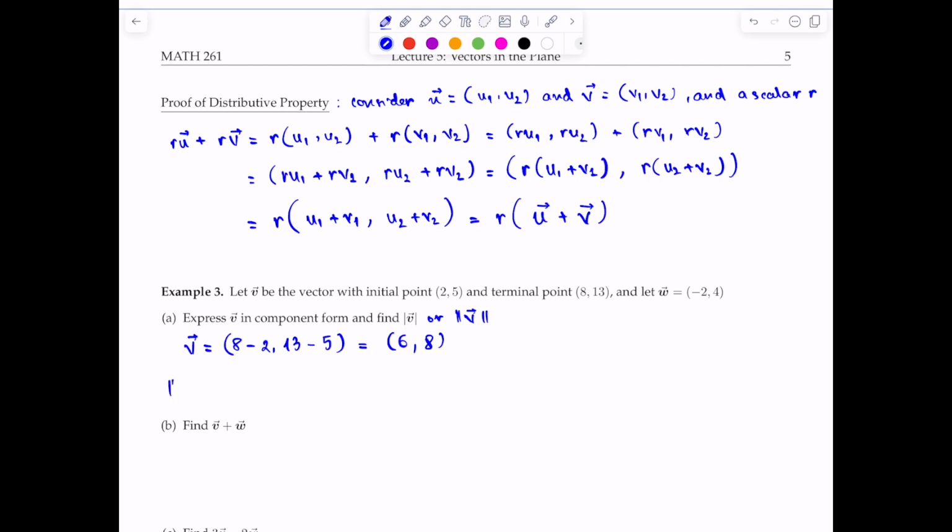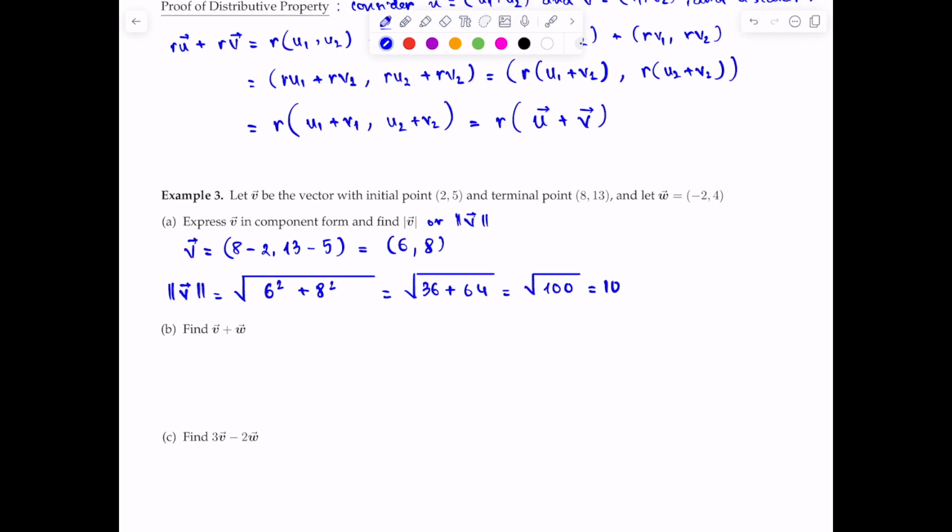And the magnitude of v is going to be equal to the square root of 6 squared plus 8 squared, or it's going to be 36 plus 64, but this is the square root of 100, or equal to 10, right? So it should be a positive number because we're talking about the magnitude.